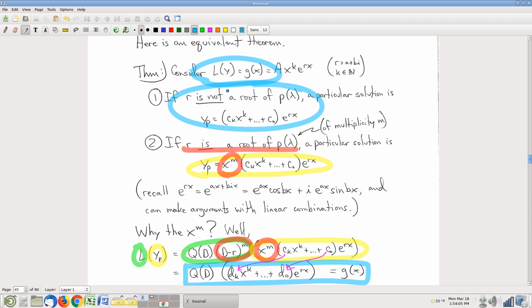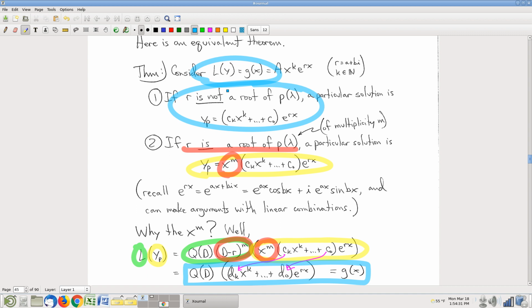There are no factors of D minus R in here. R is not a root of this polynomial. This is exactly our naive guess. We already believe that this ought to work. And so then you just back solve, knowing that you can solve this blue equation, knowing the d's, you can just work backwards and find the c's and make this equation work.